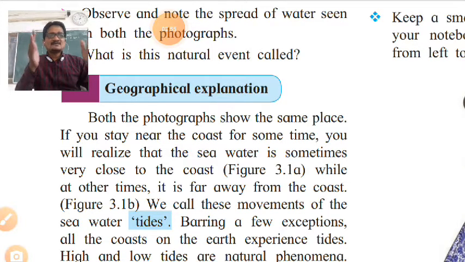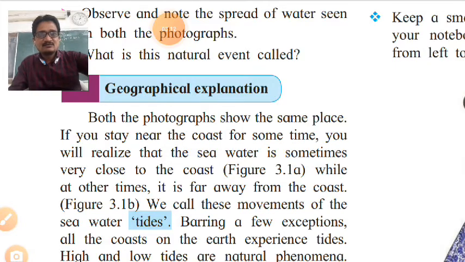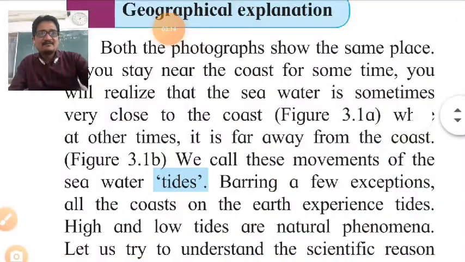So we call these movements of the sea water tides. When that water is close to the coast and when that sea water is far away from the sea coast, all these movements are called tides.